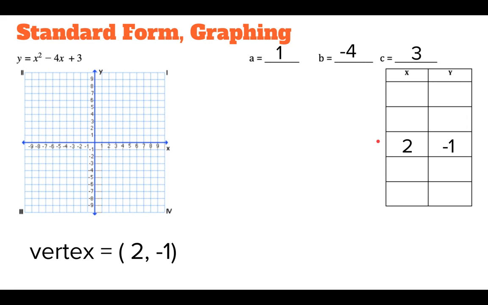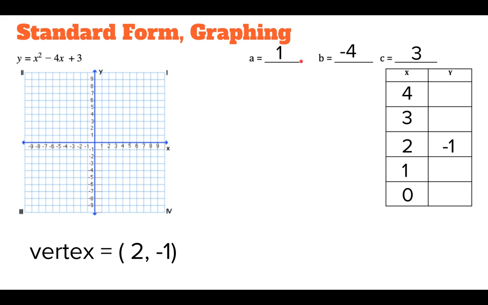But you want to count by ones, okay? So you need to just go 1 higher, 1 lower each time. So 2, 1, or 0, you notice they're just going by ones. And then on the other side, it would be 3 and 4.